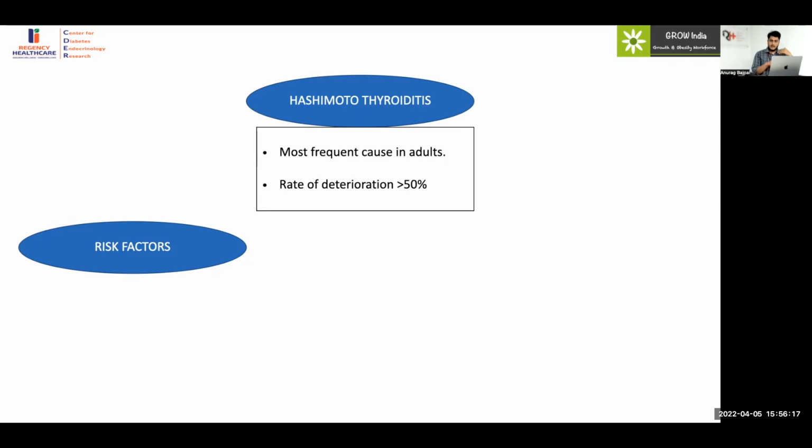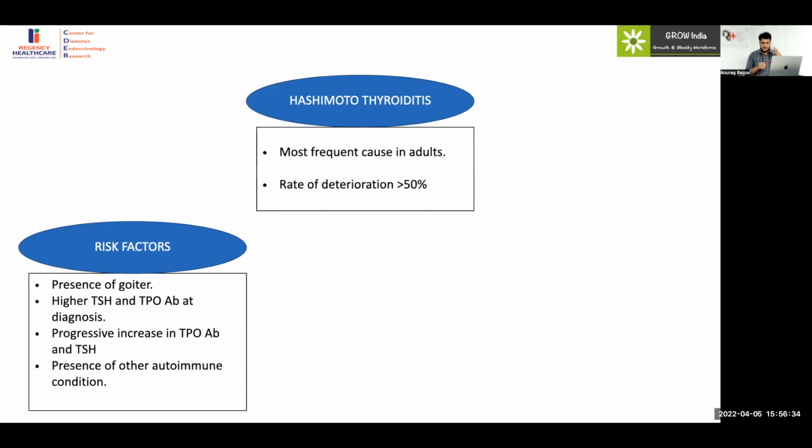Whereas in idiopathic subclinical hypothyroidism, this is exactly opposite. Reversal to the euthyroid stage is almost 40%, whereas progression to overt hypothyroidism is usually less than 10%.